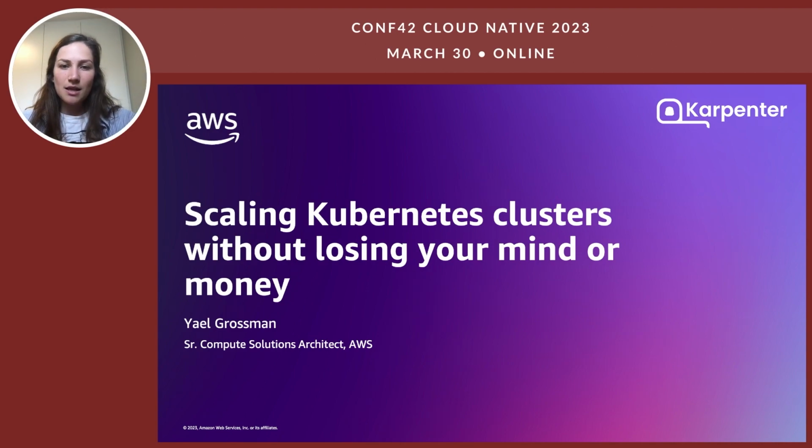My name is Yael, and I'm a solutions architect at AWS, focusing on compute services. In the past few years, I've been working with customers to help them make optimized and efficient selection of compute infrastructure for different kinds of workloads with offerings like EC2 and Graviton, as well as specialized hardware based on their requirements while keeping their operational efforts to the minimum.